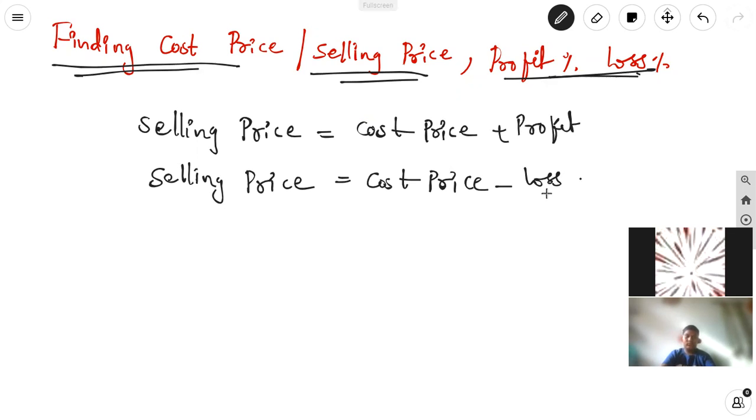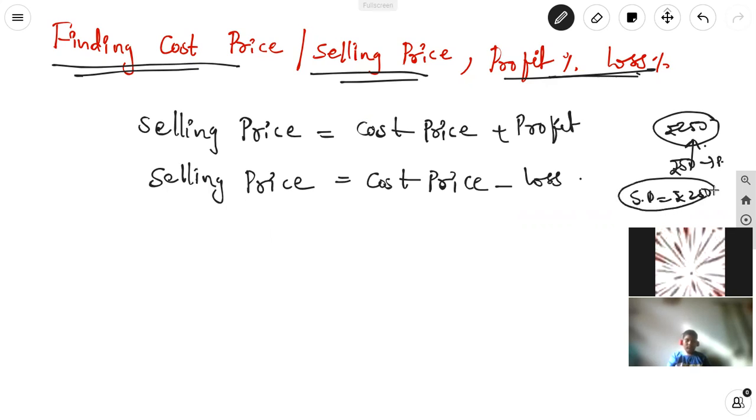When we give the discount, the selling price changes. When we want to sell a new item with profit, suppose 250 rupees is the cost of any item, any article, and we want 50 rupees of profit, we add this profit to that item, then we get the selling price equal to 300 rupees.